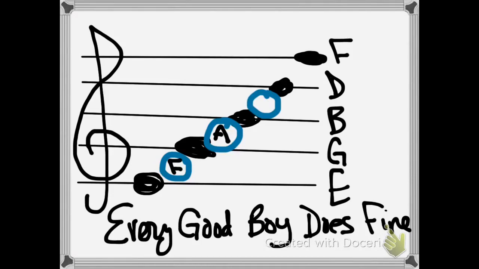What comes between B and D? A, B, C. Good. And then the last space comes between D and F. A, B, C, D, E. Notice the spaces spell face. F, A, C, E. Space spells face.